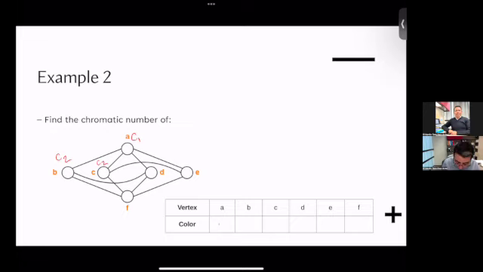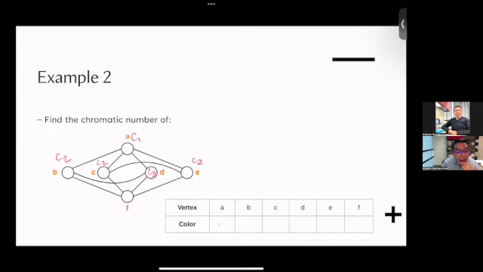So I go to my box and I take a third color here. Then I move to E. E is connected with A, so I cannot use C1. E is connected with C, I'm sorry, so I cannot use color 2. But what about C3? Well, it happens that E is not connected with D. So I can use C3 here.